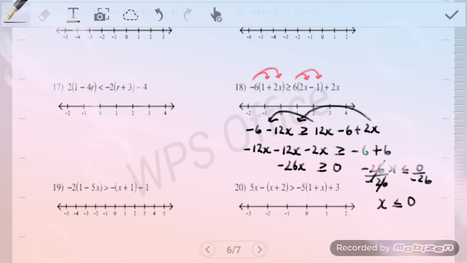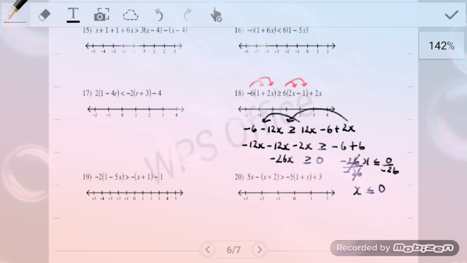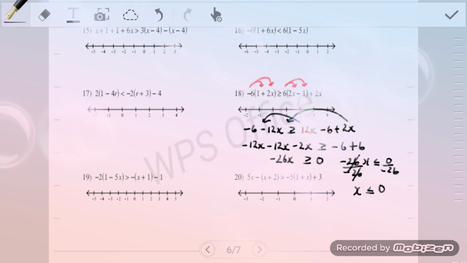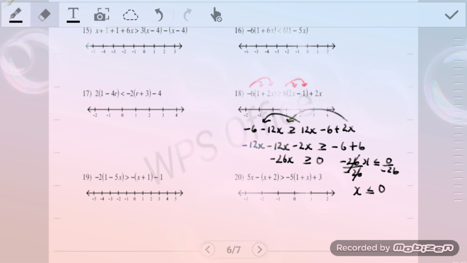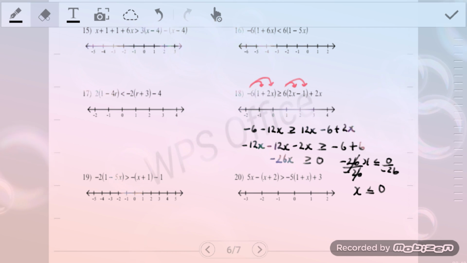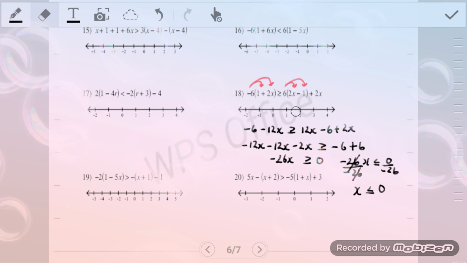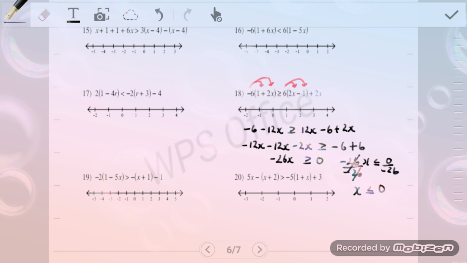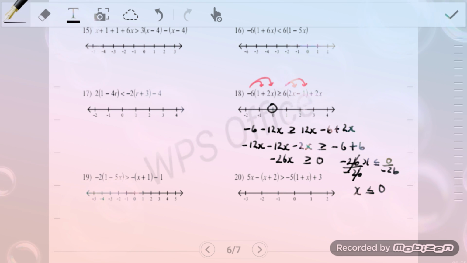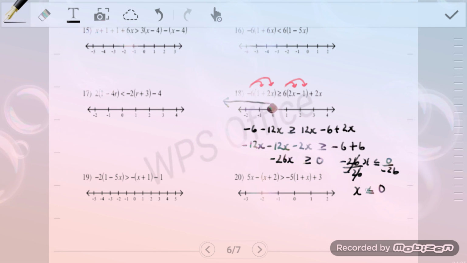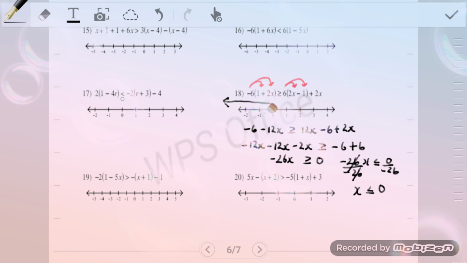All right, so that brings us to the end of that particular question there. Let's put it on our number line. So we're going to find here that 0 is our answer. Shade it here and send the arrow in this direction. Now I didn't do an example that didn't involve equal to, like this example here.